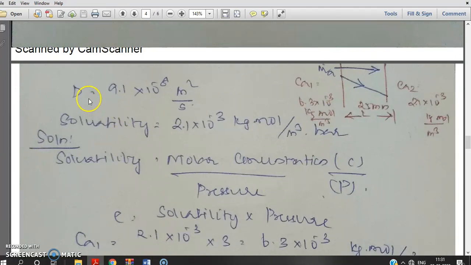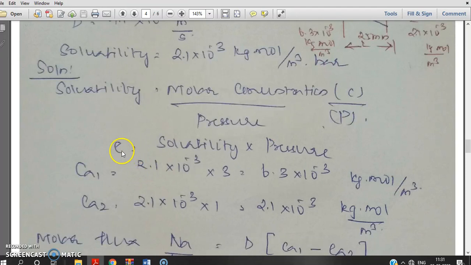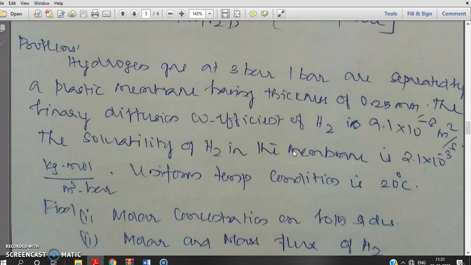Here the diffusion coefficient D equal to 9.1 × 10^-8 meter squared per second. Solubility equal to 2.1 × 10^-3 kg mole per meter cube bar. The solubility is nothing but the amount of molar concentration present per unit bar. So we have to find the concentration C, equal to solubility into pressure. What is the pressure here?